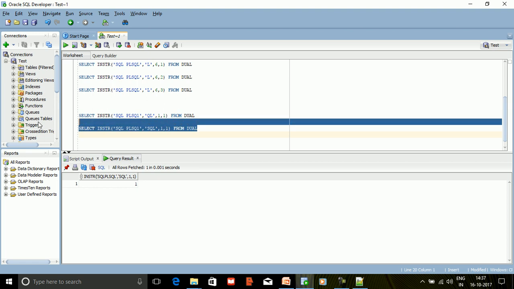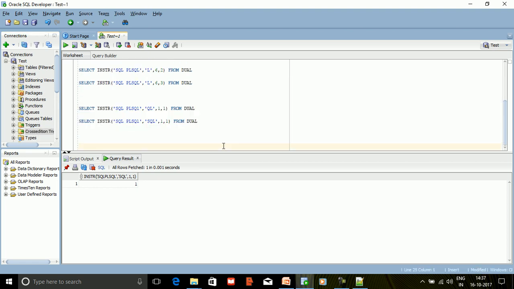For the same one, you are asking to check from position number 2, and the occurrence is the first occurrence. Then it must return 7. Here you have caps, right?